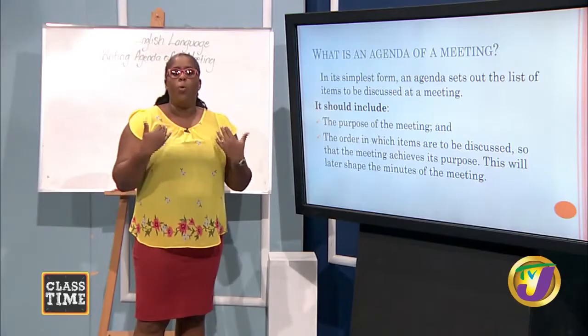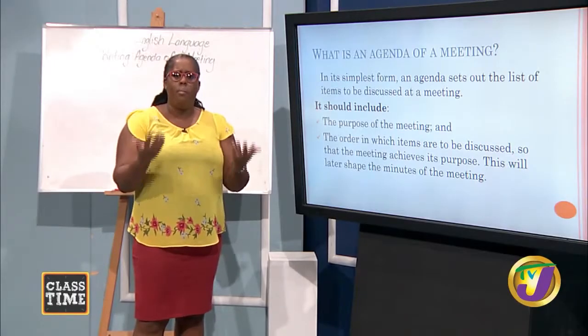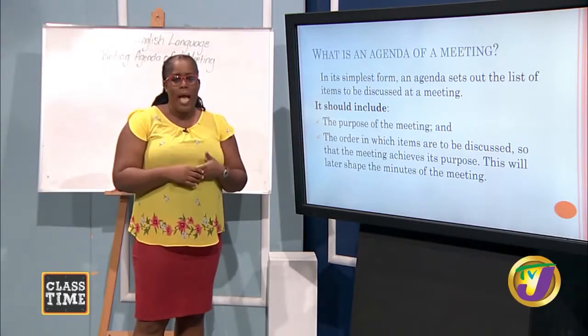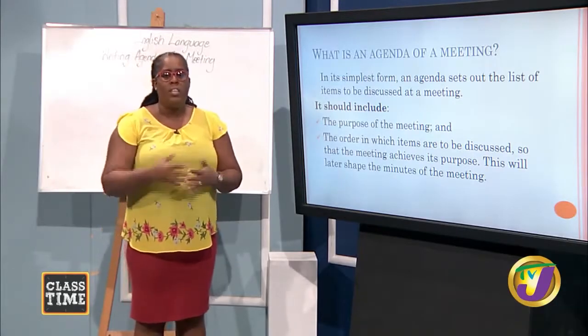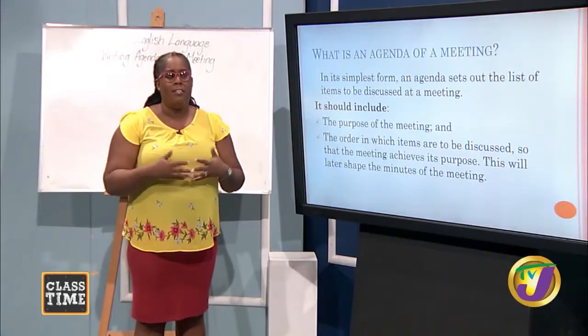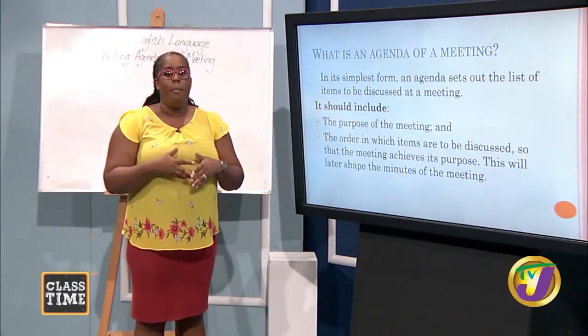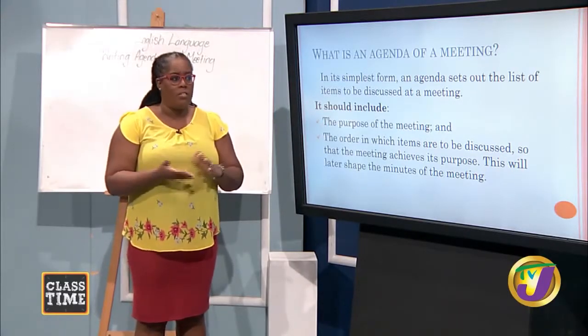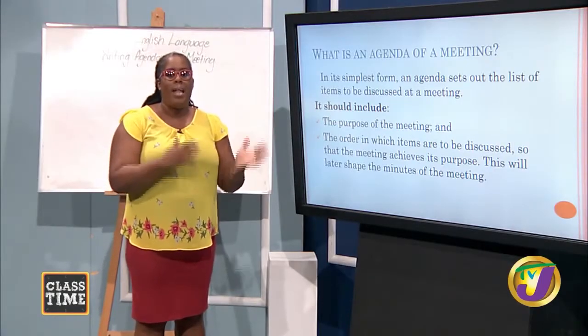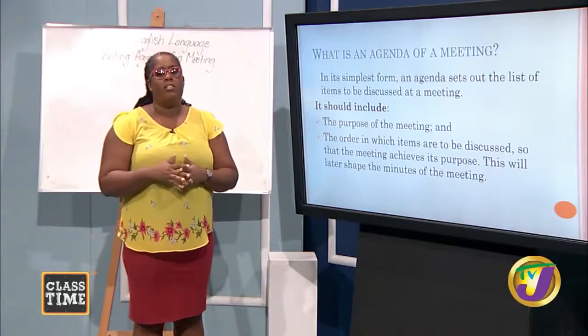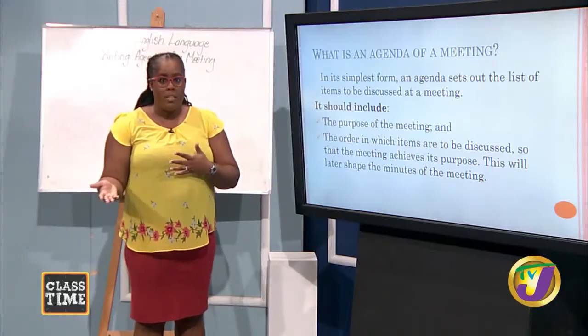We will not like that, right? Many persons already don't like meetings, and to be in a meeting where the presenter or the host is not organized is going to further make us not like meetings, right? So an agenda of a meeting is basically a plan, an outline of what is to happen throughout the meeting.